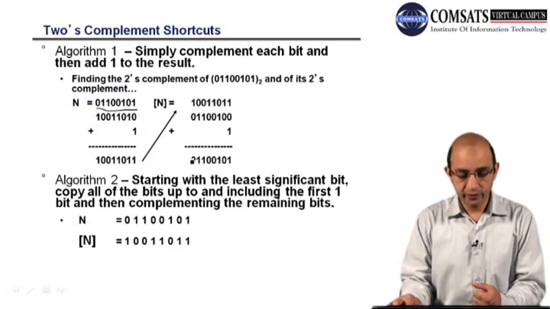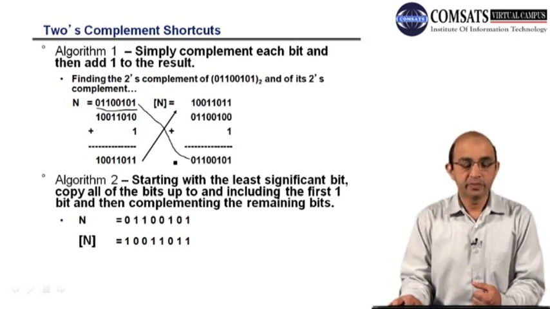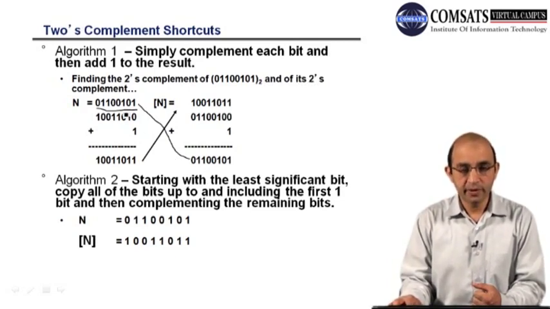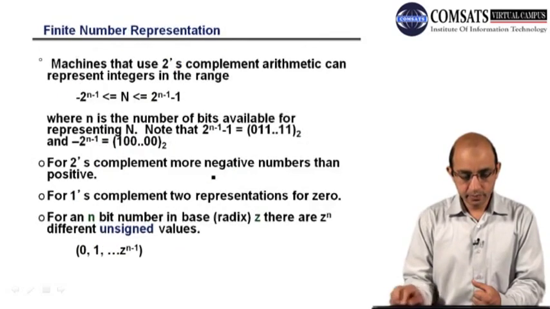If you compare this with this, they are the same. So it means if you take the 2's complement of a number, and then take the 2's complement of the resultant, you will get the original number.